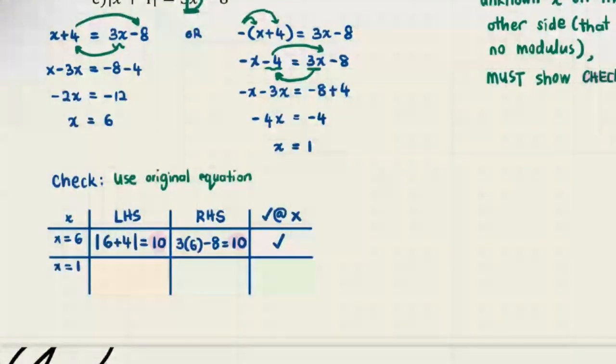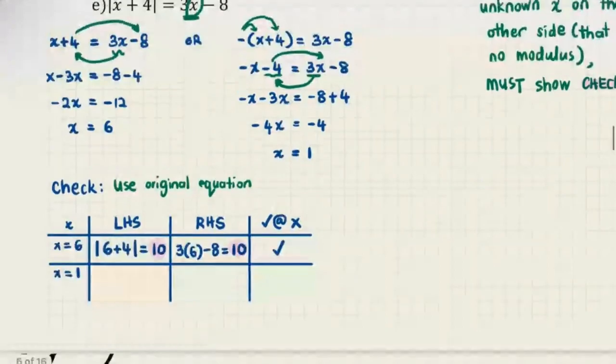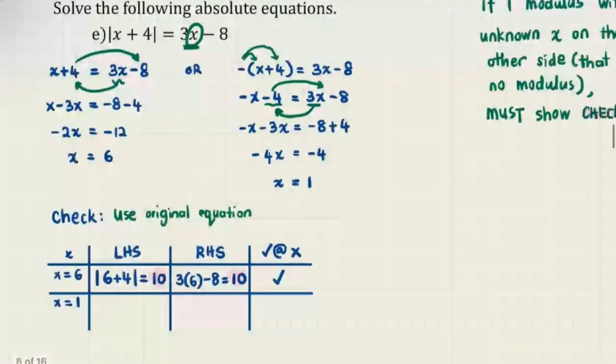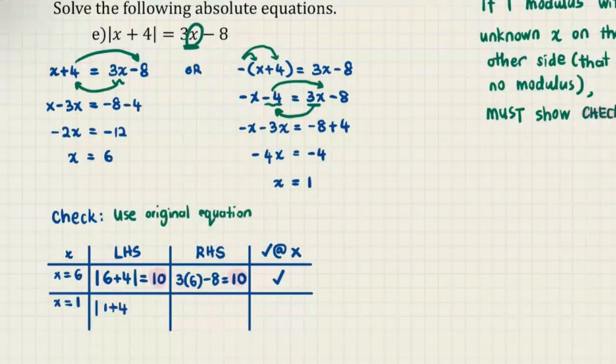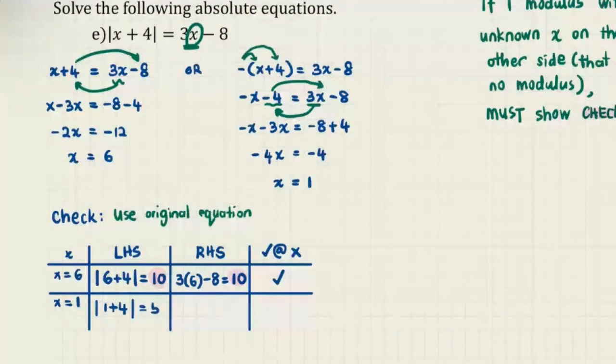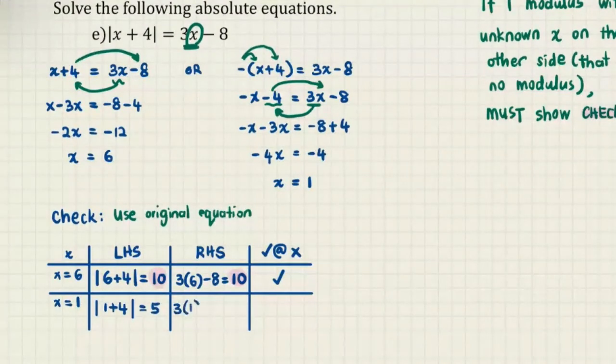Now we are going to do the same step for x equals 1. So substitute the modulus of 1 plus 4. So on the left hand side we get 1 plus 4 equals 5. Okay. On the right hand side, 3 times 1 minus 8. So here we have 3 minus 8 is negative 5.